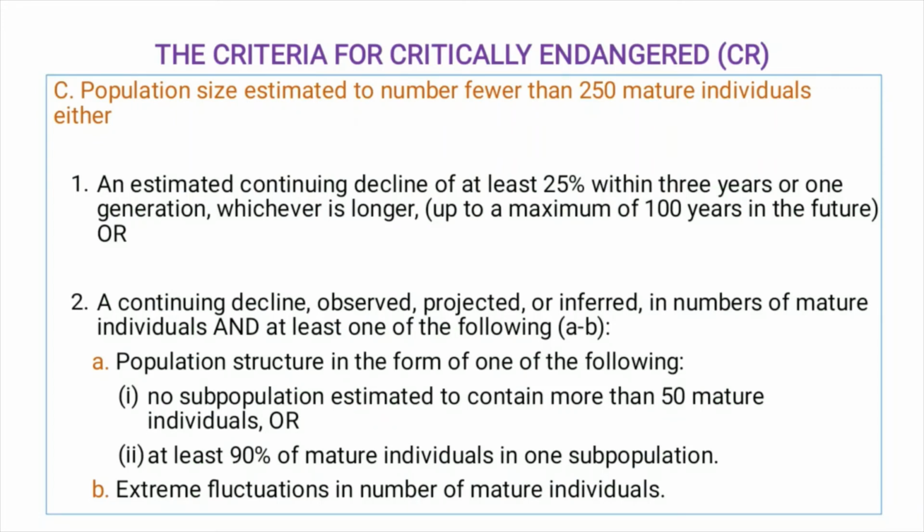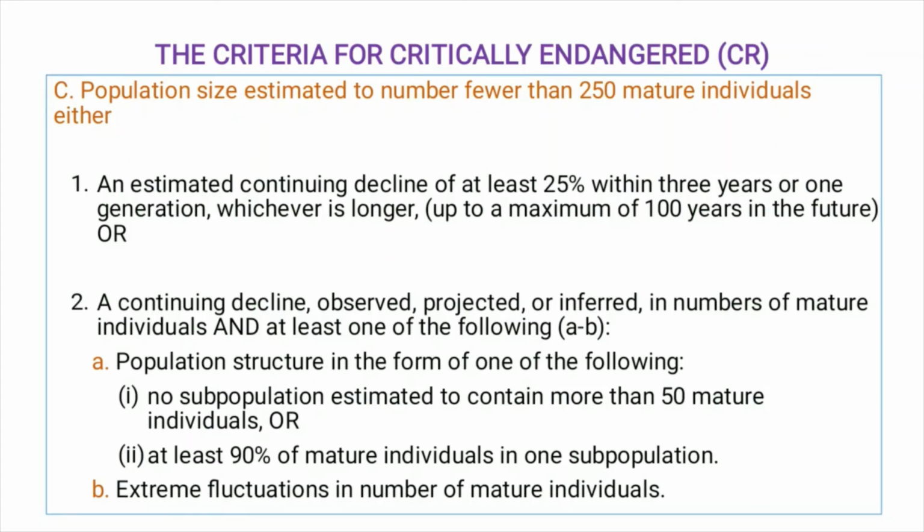The next criterion includes that there is a continuous decline that has been observed or estimated in the number of mature individuals, and further any of the following. If the subpopulations contain less than 50 mature individuals, or if one subpopulation contains at least 90% of the mature individuals, then it can be declared as critically endangered.